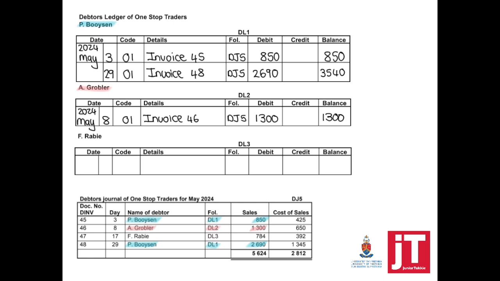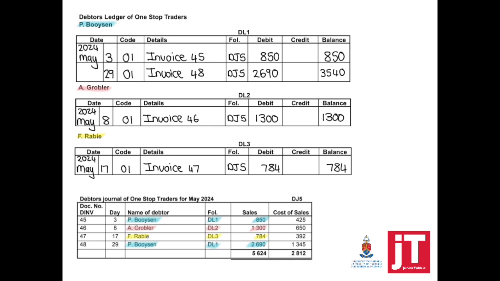The last transaction that we need to enter is F. Rabi. So F. Rabi, transaction took place May 2024, day 17, code 01, invoice number 47 from the debtors journal, debit 784 and the balance 784.